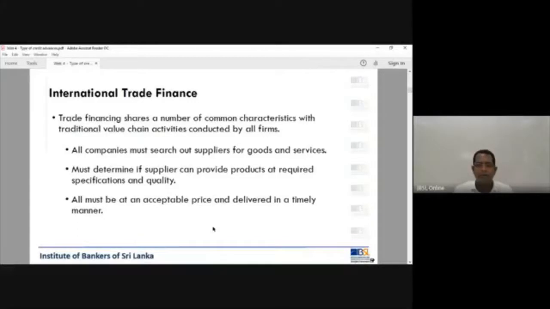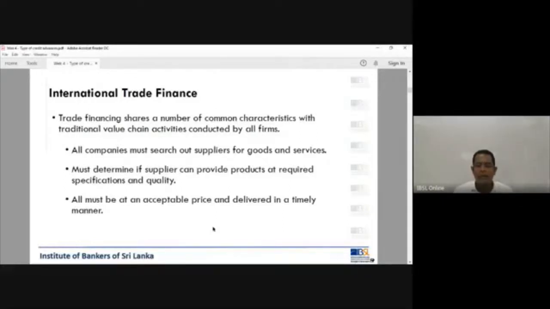The difference is the border, within the borders or across borders. We need the supplier's ability to supply the quality and quantity, at an acceptable price and within an acceptable delivery time.